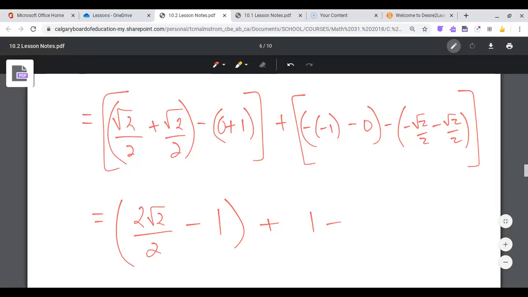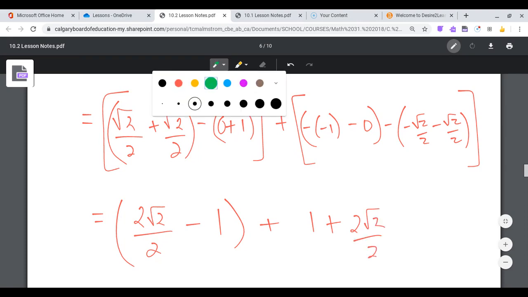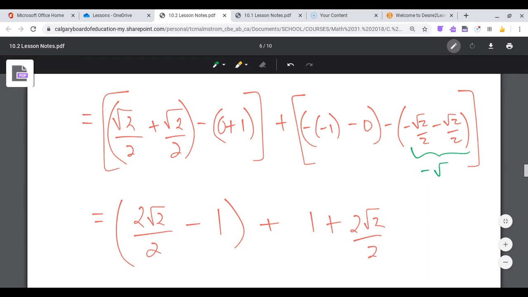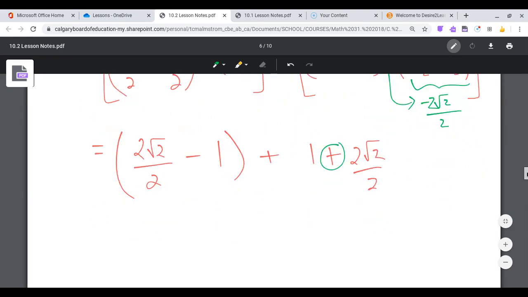A negative and a negative making me a positive. Root 2 on 2. So this piece right here is negative root 2 on 2. And then I'm going to subtract that, which makes this become a positive. Ooh, there's a lot of negatives happening in this question.